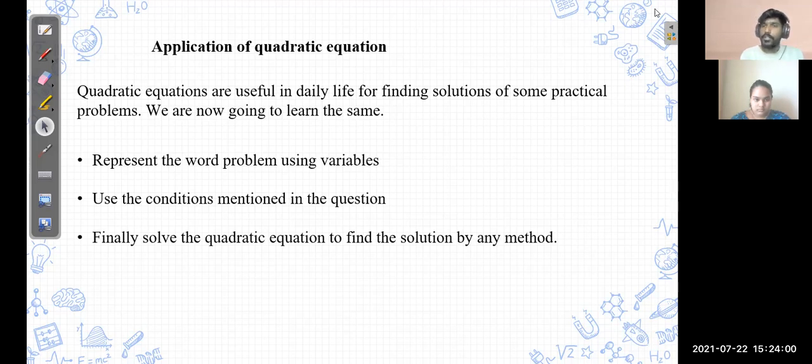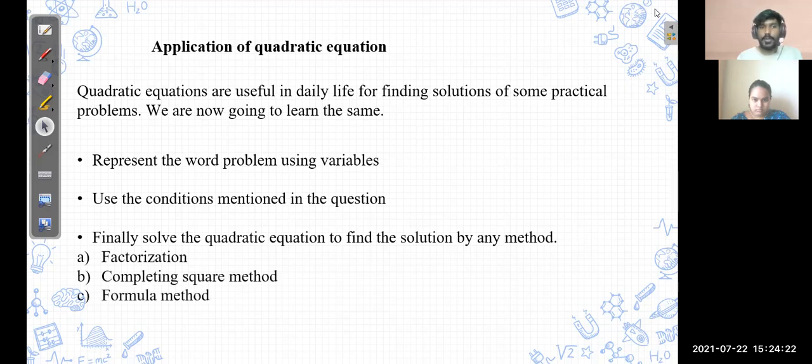You can use any of the three methods: factorization, completing square, or formula method. Whichever method you find easy, or gives you the answer faster, use that method.